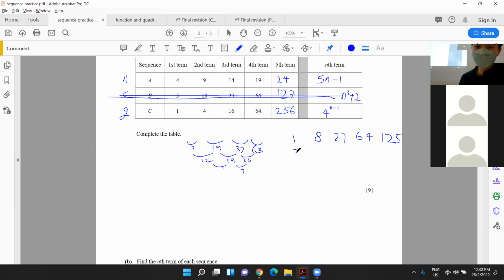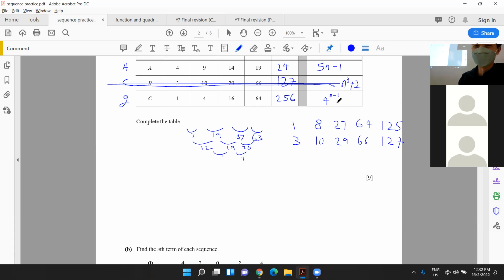All of them are plus 2 of the cubic numbers. That's why your answer, in this case, is supposed to be n cubed plus 2. But don't worry about this kind of questions. If it comes up, then unfortunate, give them the marks. Most likely not coming out now, but hey, don't quote me on this.